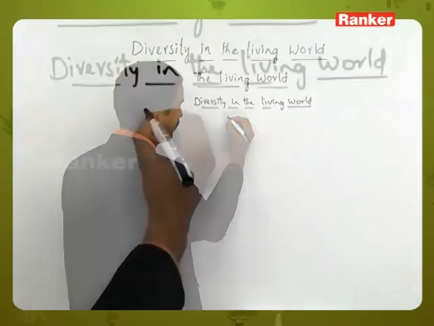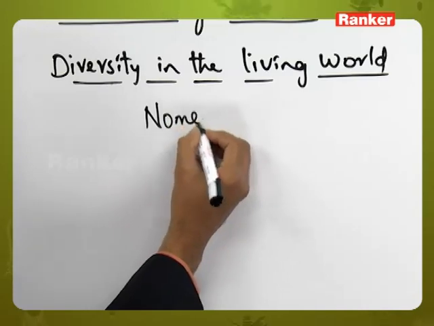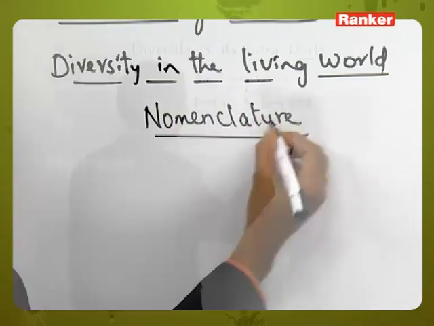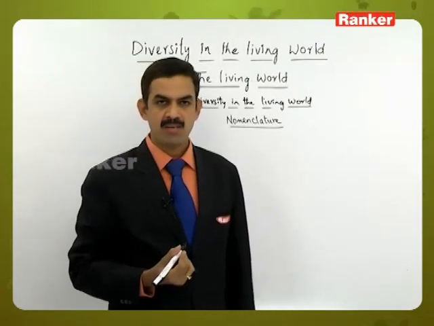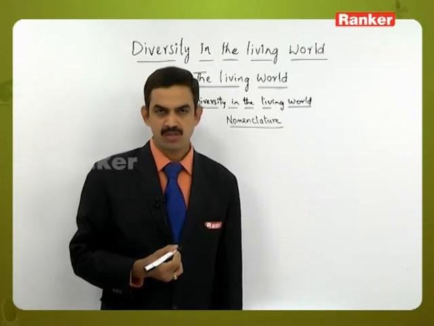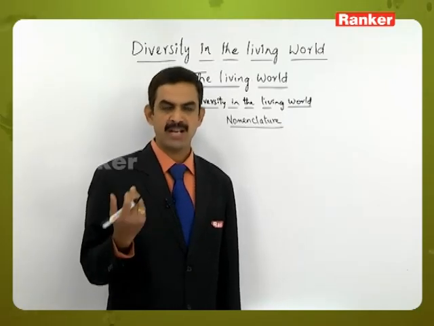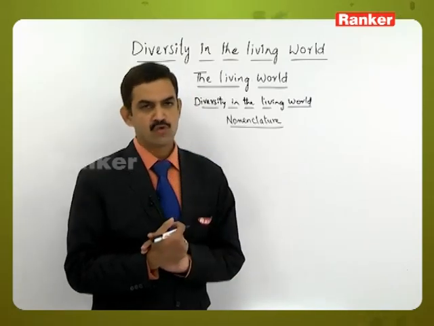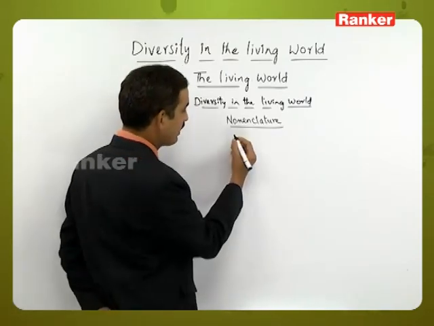The next aspect is nomenclature. Once a plant has been identified, it has to be given a particular name based on the character features or some other characters. That naming of the plant is called nomenclature.